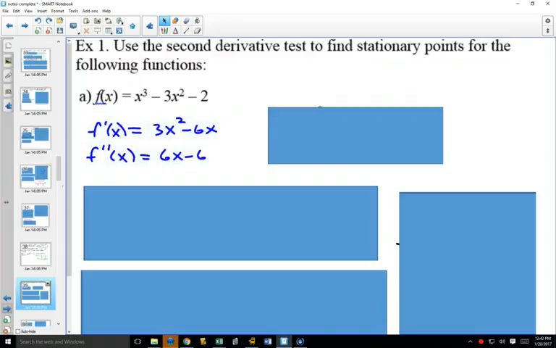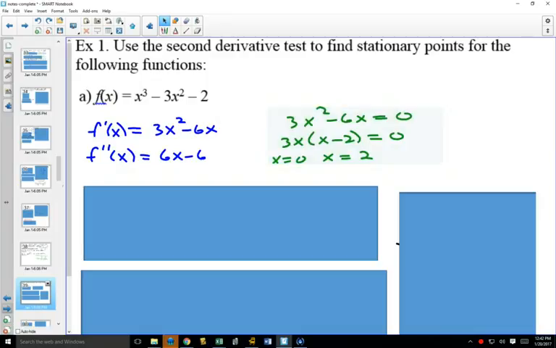So we find our first and second derivatives. We set our first derivative equal to 0 to find out possibilities. We know that the slope of the tangent is equal to 0 when x is equal to 0 and x is equal to 2.